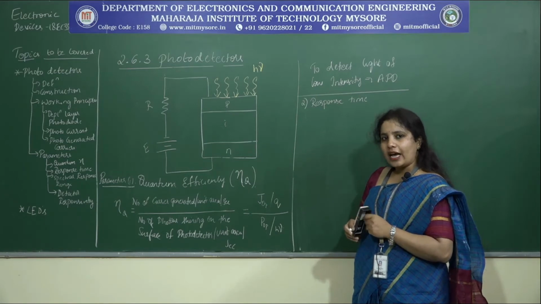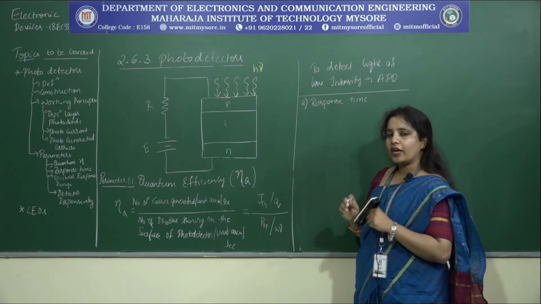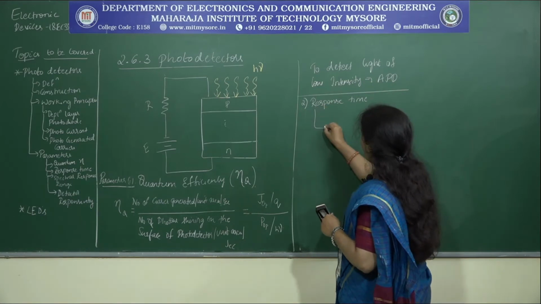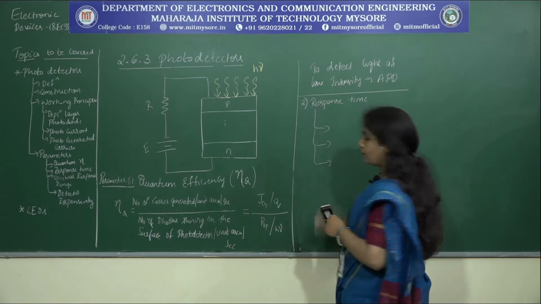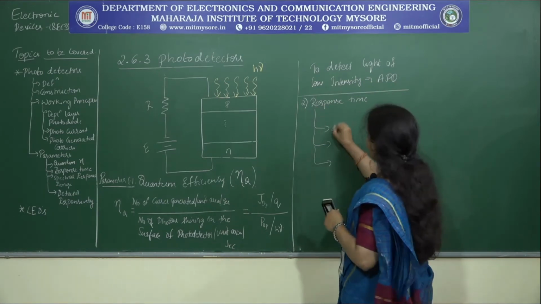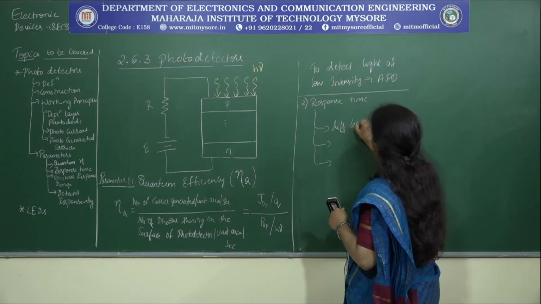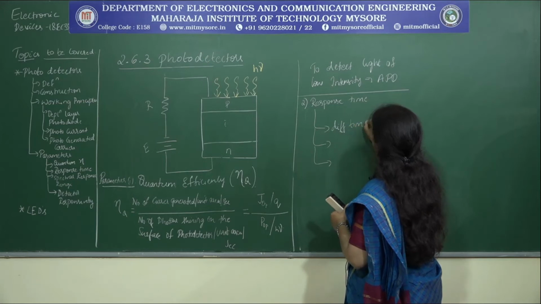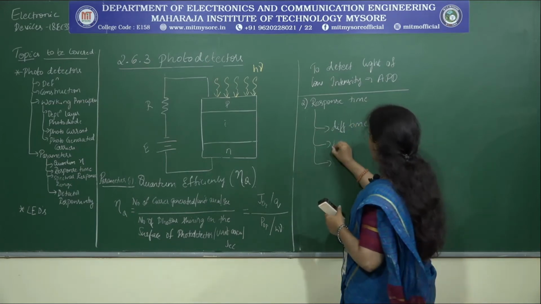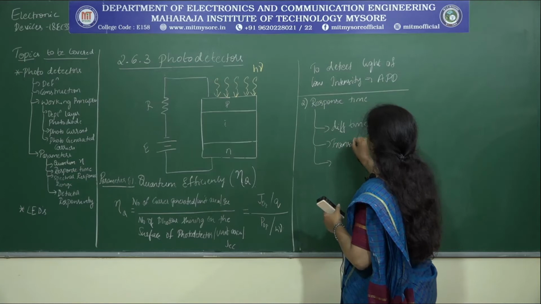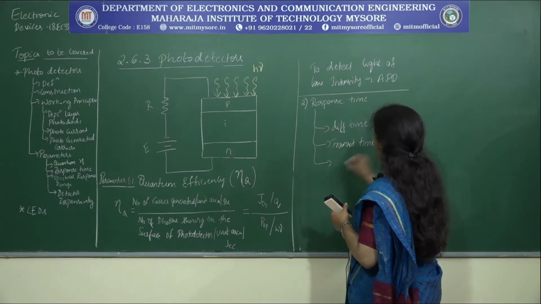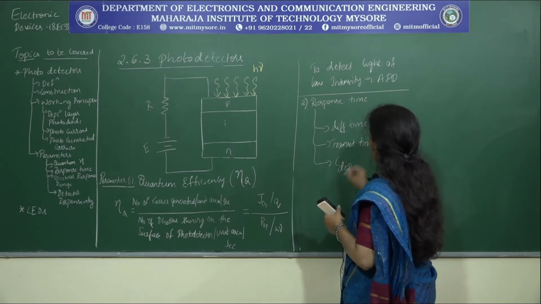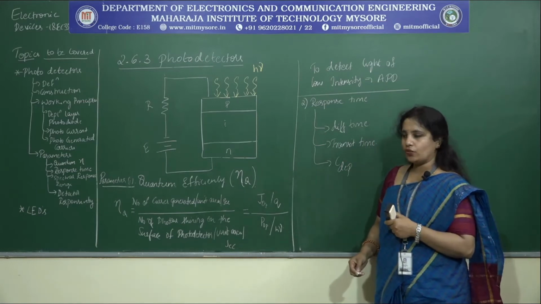We need to take up three different parameters: the diffusion time, then the second is transit time, and then the capacitance across the depletion region.